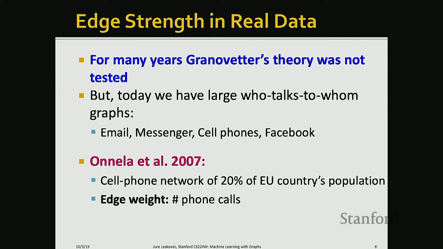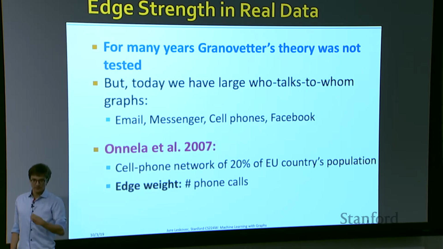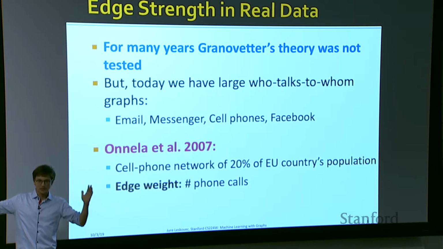The way this was done was on a cell phone communication graph from an anonymous European country, where they had about 20% of the country's population and the cell phone calls between them. And they said, let's say that the weight of the edge, the strength of the friendship, equals the number of phone calls we have between us in a week or in a month.